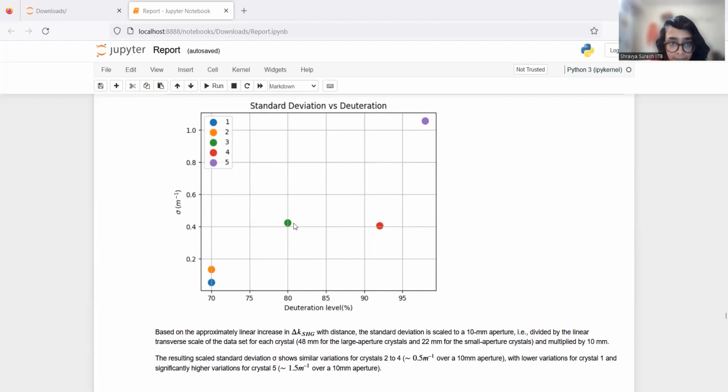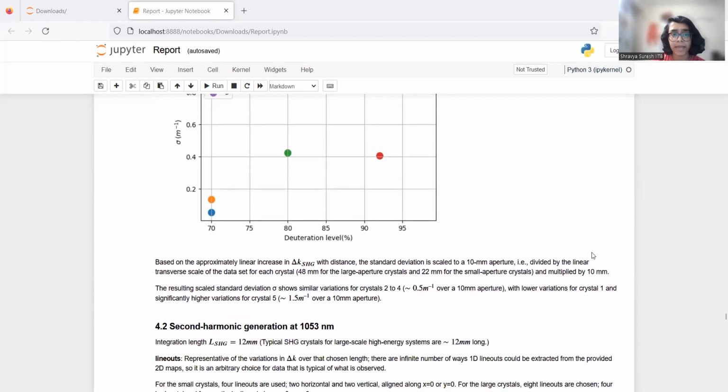The standard deviation of crystal number 3 and 4 are nearly similar, as expected from the first graph. And the standard deviation of crystal number 5 is significantly high. Based on this, we can conclude that as the deuteration level of the crystal increases, the variation of the values of delta K across each transverse point in the crystal increases significantly.